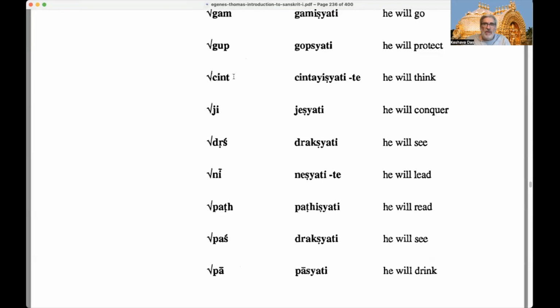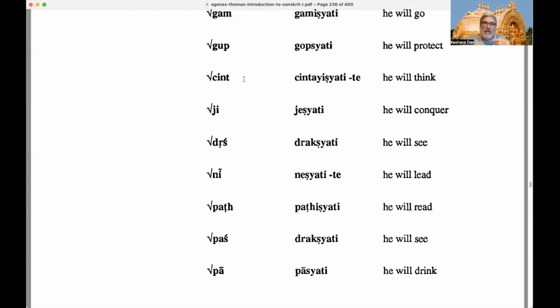Chint means to think. Now, one thing about chint is, it's one of those verbs that's called an ubhayapada verb. You can put active endings on it, or you can put middle endings on it, parasmaipada endings or atmanepada endings. So it can be conjugated chintati, chintataha, chintanti, chintasi, chintataha, chintami, chintavaha, chintamaha.